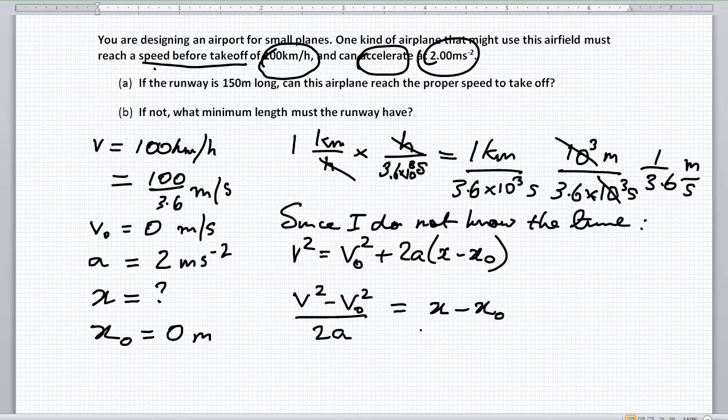Fortunately, x naught is 0, so what I'm left with is x equals v squared minus v naught squared over 2a. Right? I have v naught squared is 0, so it's just v squared over 2a.